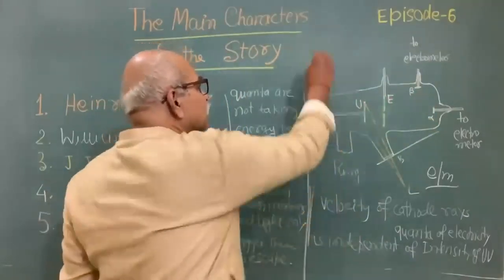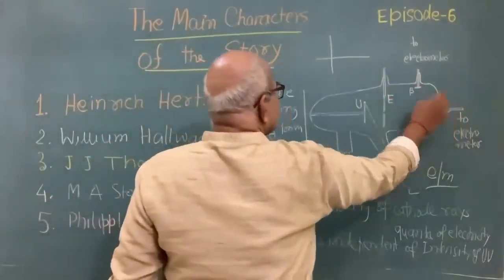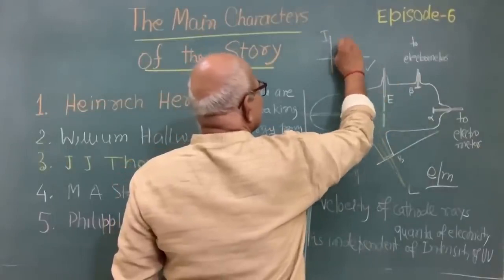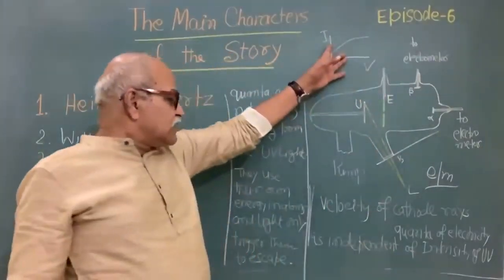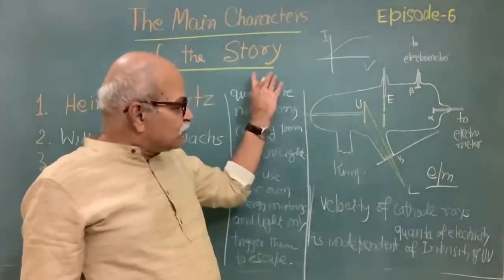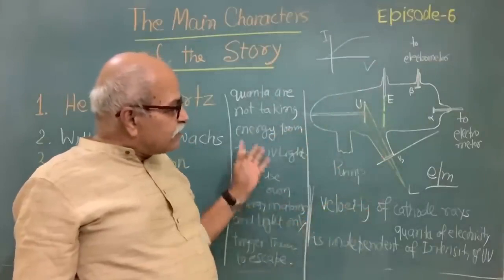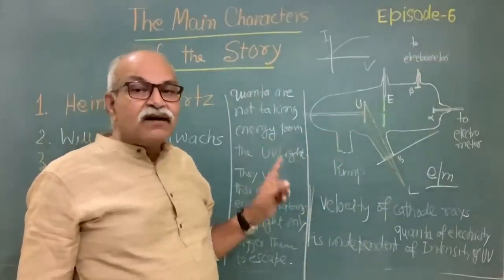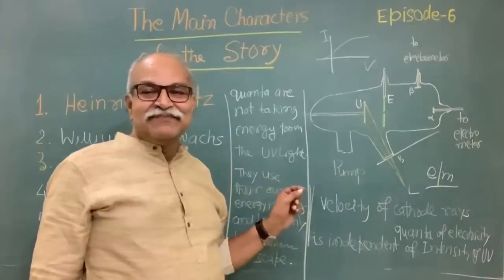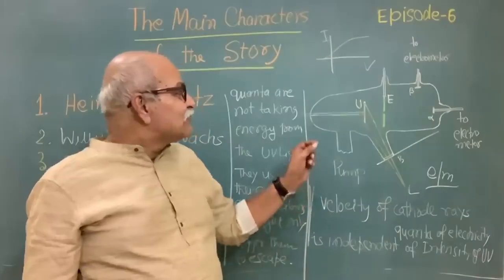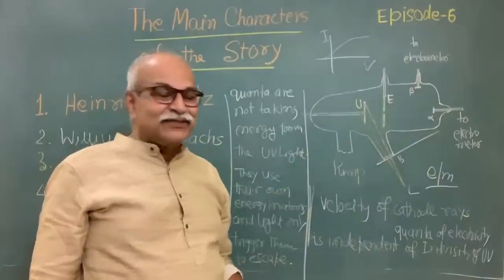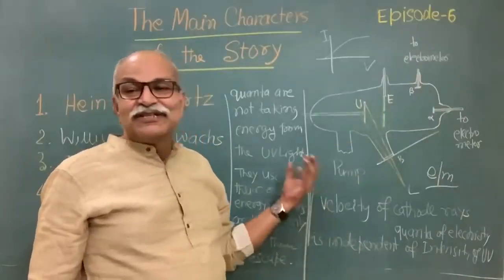So all that variation of this current as a function of this voltage, this kind of thing is measured, and then a lot of theory is developed from here. That is all derived from this. Lenard does not quantitatively explore the dependence of this current on frequency, or this maximum velocity on frequency.